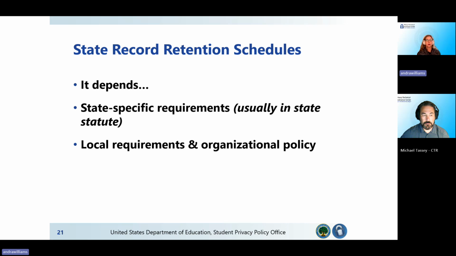Record retention schedules are also governed by local law and organizational policies. And that type of policy is one of those things that's developed by your data governance board. Remember, we talked about that a few minutes ago. So that's something that needs to be included under the list of things that they are developing.